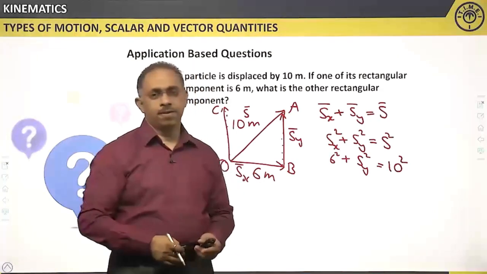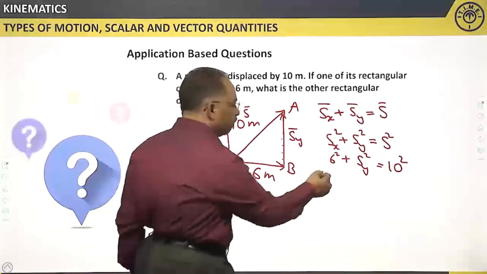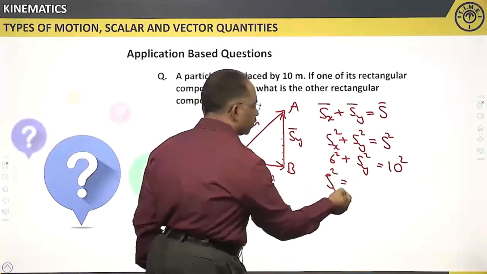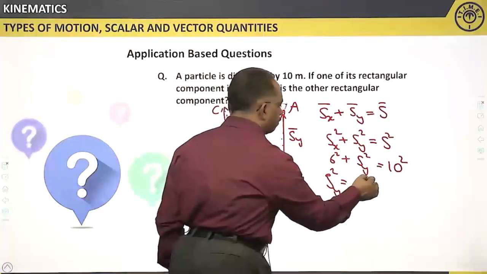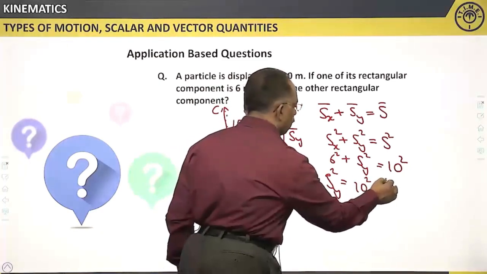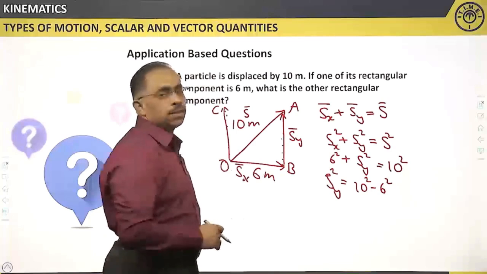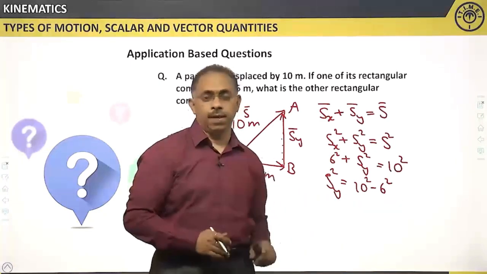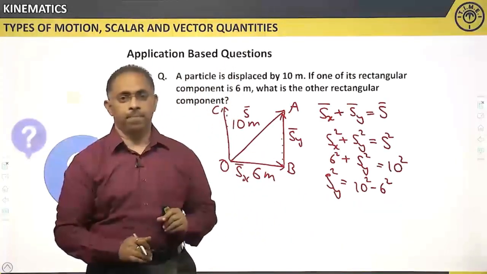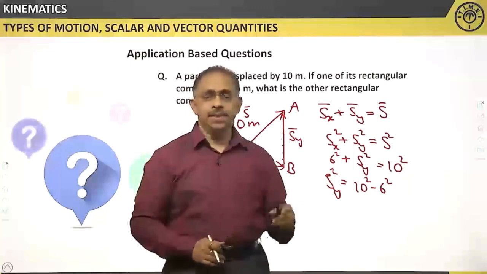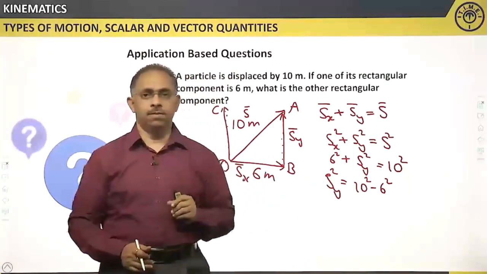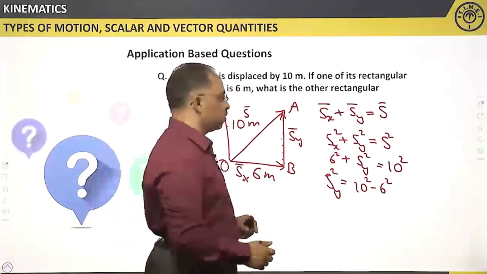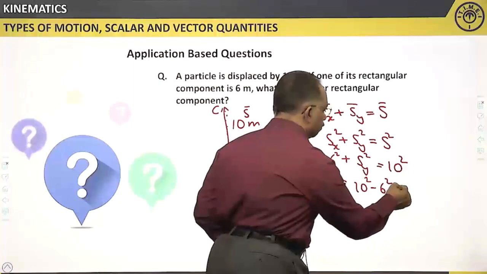Sy square will be equal to 10 square minus 6 square. The easy way to solve this is, it is something like a square minus b square, which I take as a plus b into a minus b. 10 plus 6, 16, into 10 minus 6, 4. 16 fours are 64.